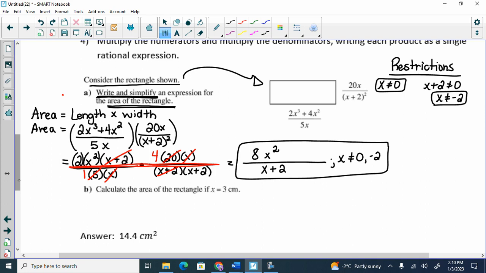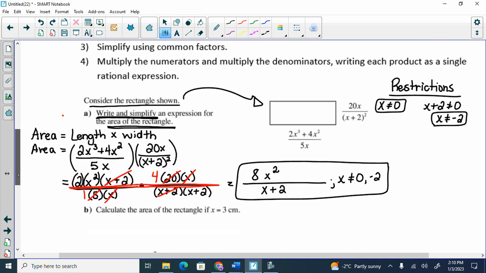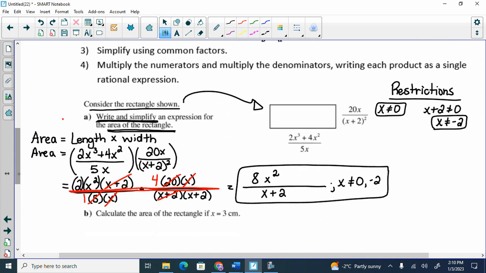Then calculate, well, let's cover up that answer. Calculate the area of the rectangle if x is 3. So now it's giving me x is 3. That's the area. So I know my area formula is simplified as 8x squared over x plus 2.